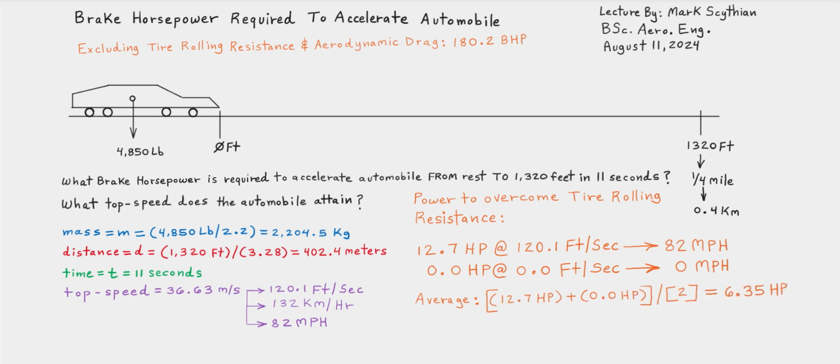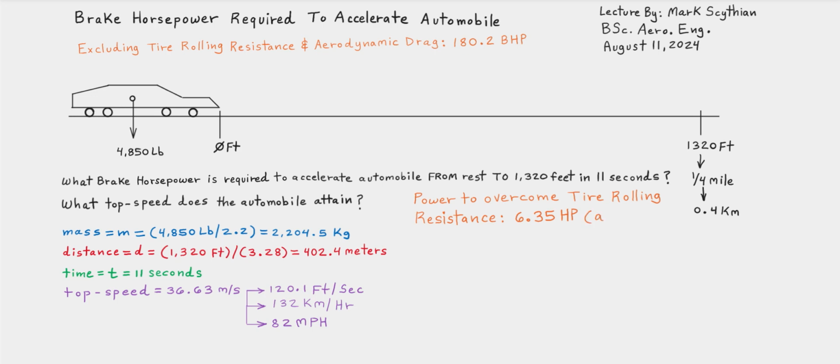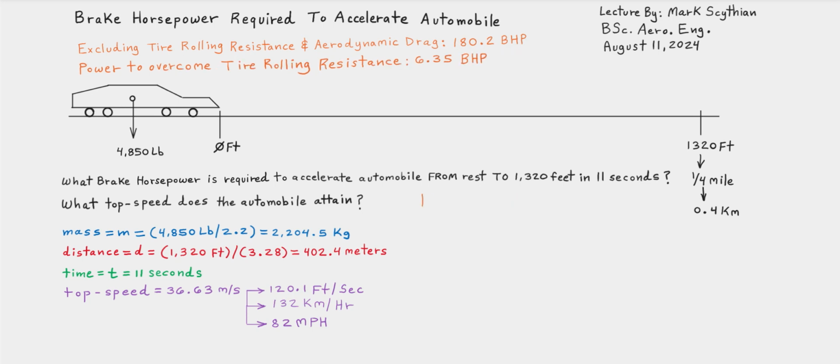So 6.35 horsepower average is the power required to overcome tire rolling resistance. So then the last part of the lecture is the power to overcome aerodynamic drag.